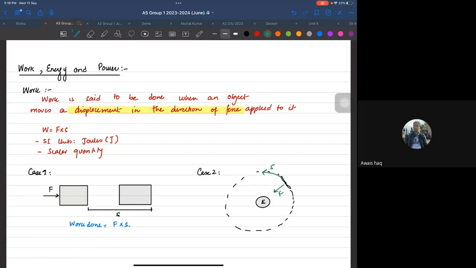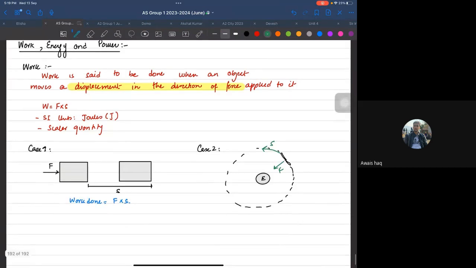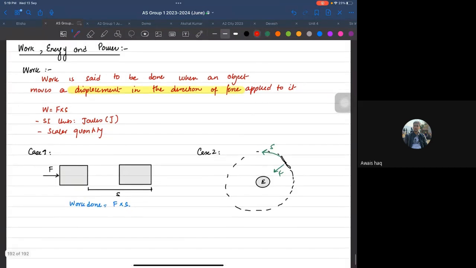So in this case, you need to remember that work done will be zero. And the reason why it is zero is because the force and the displacement are not in the same direction. They should be parallel to each other.